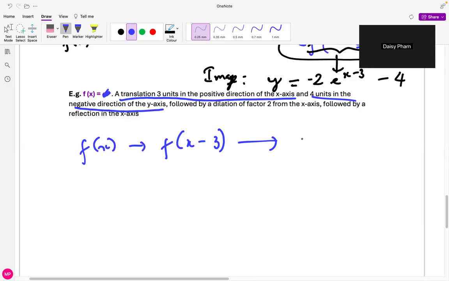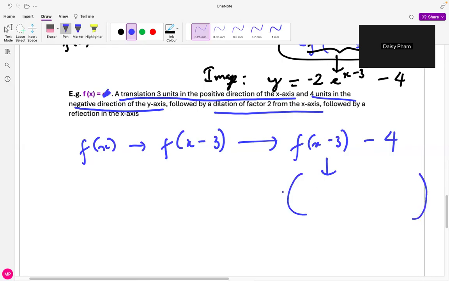This means the whole thing, f of x minus 3, and then minus 4. Okay. Then followed by a dilation of 2 from the x-axis. So what that means is the whole equation, you're going to times by 2. So think about the whole thing here, times 2. So 2 f of x minus 3 minus 4.